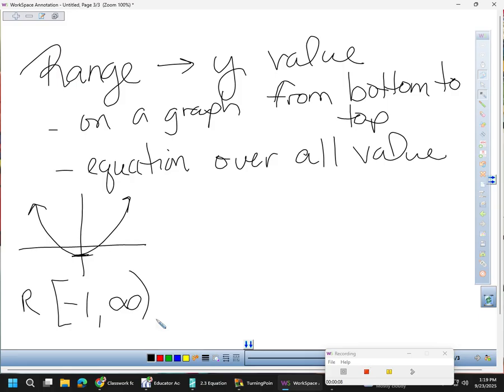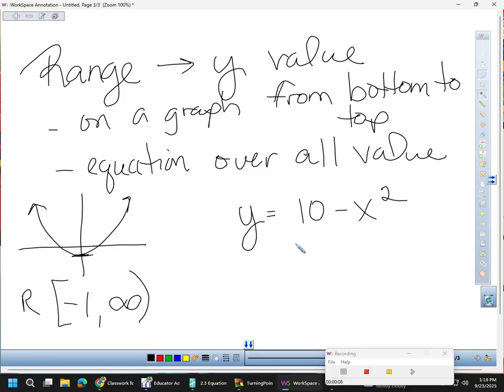If it was from an equation, let's say y equals, what's a tough equation here? Y equals 10 minus x squared. If we were to graph that or think about it, the very highest this can be, if I put anything in for x, anything at all, what's the highest value we're going to get here?